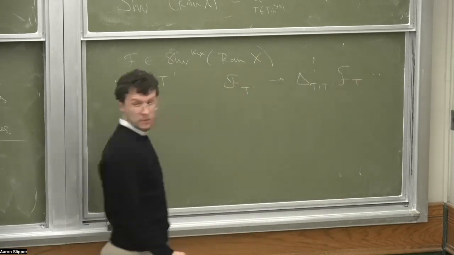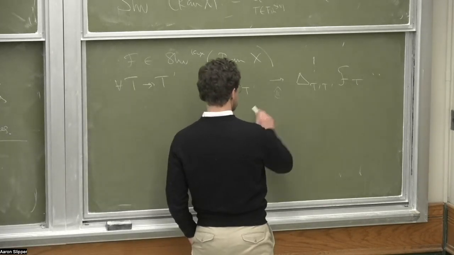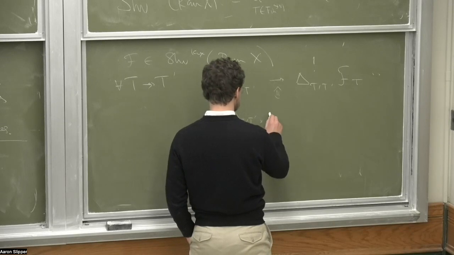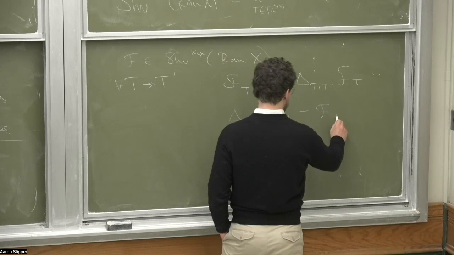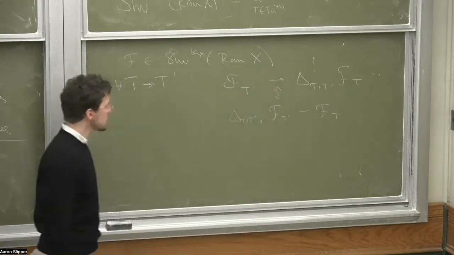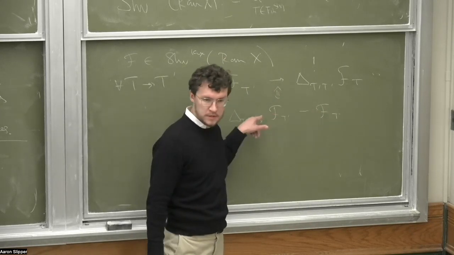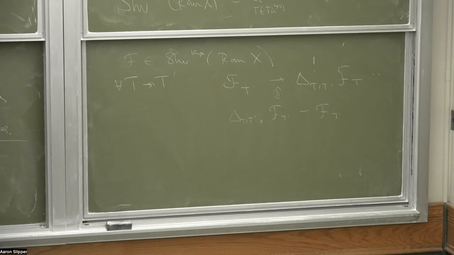But this map might not be an equivalence. And so we can as well think about the data of a lax sheaf as the data of maps like this using push forwards rather than pullbacks.